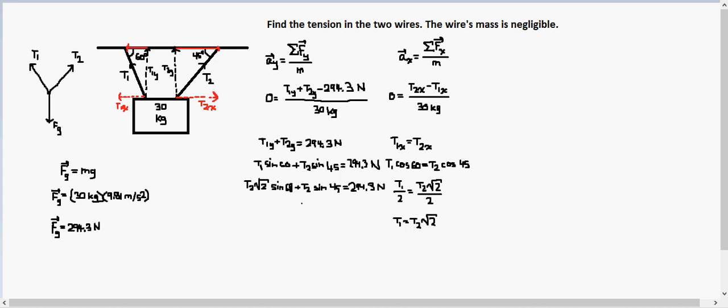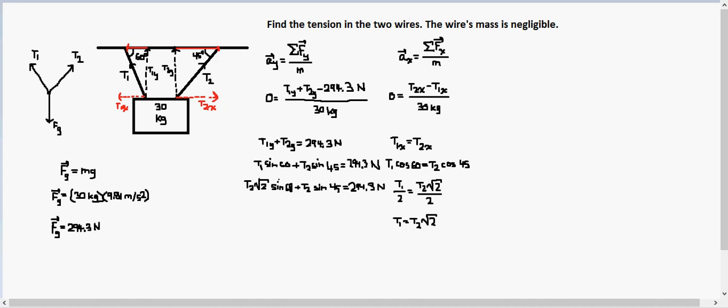So if you were to add this, what's the sine of 60 times square root of 2? Let me use my calculator. Plus the sine of 45. I'm just adding this stuff together.